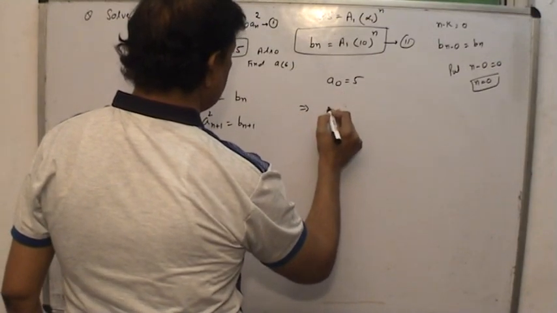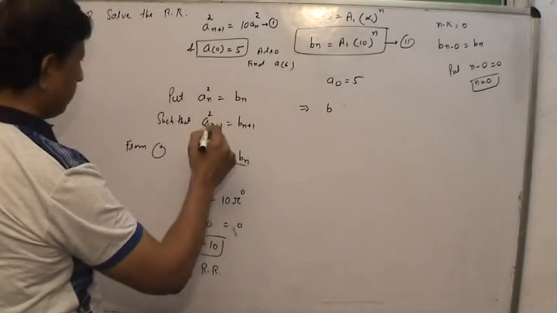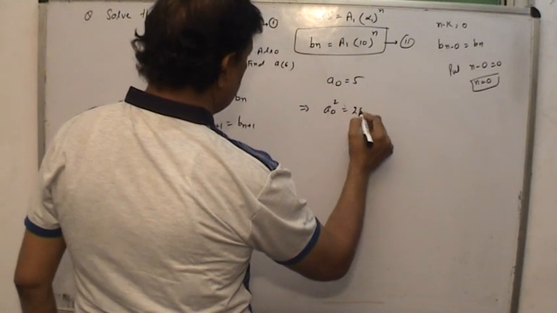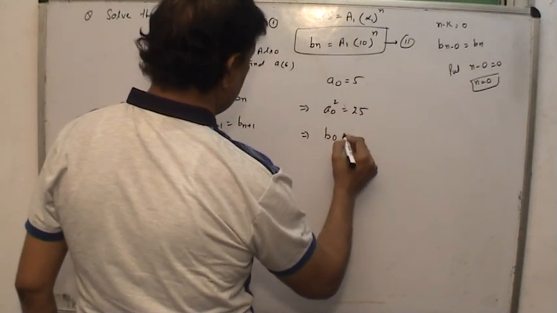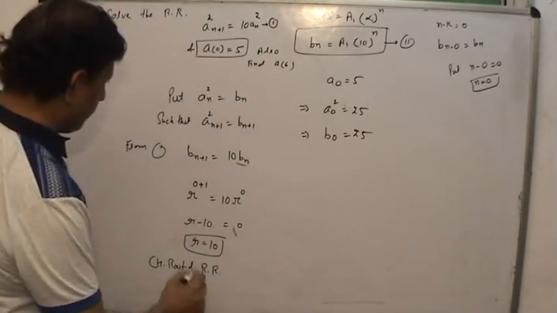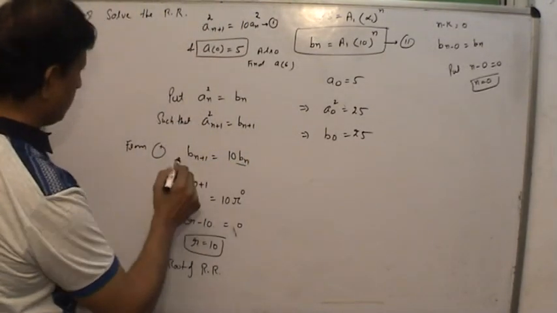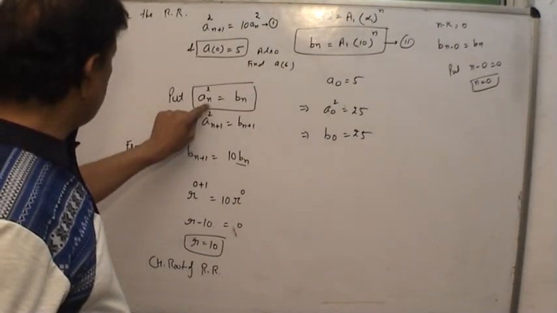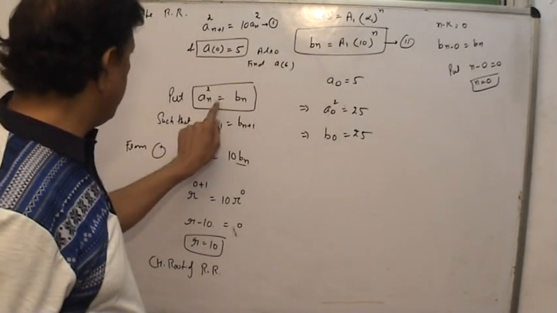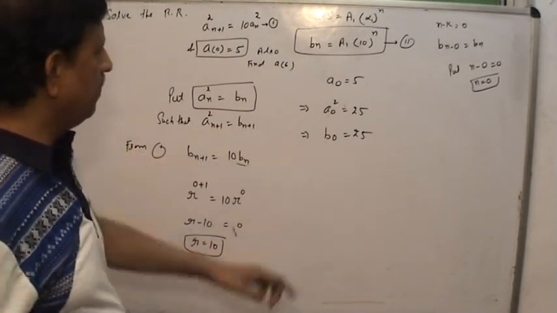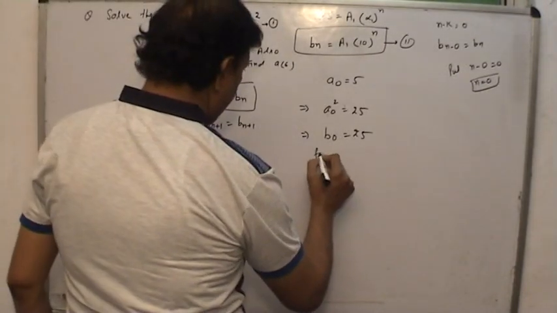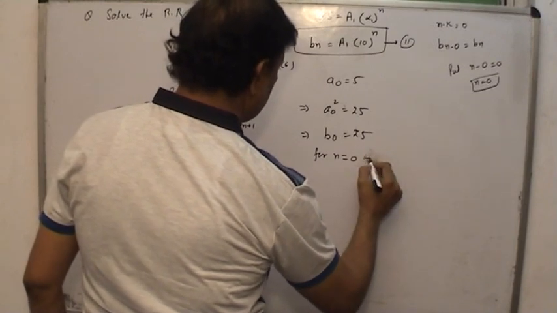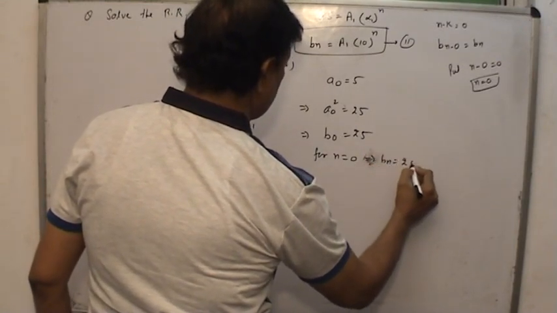This implies a square 0 is equal to 25, so b0 is equal to 25, because according to the relation a square n is equal to bn. If n is equal to 0, then bn is equal to 25.